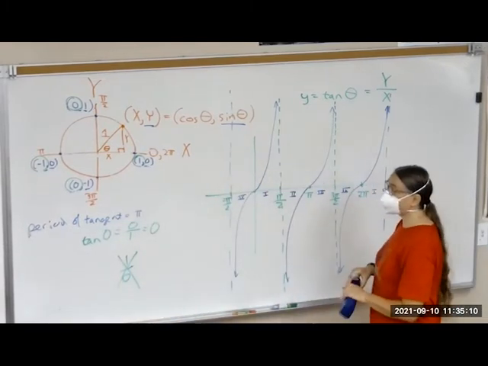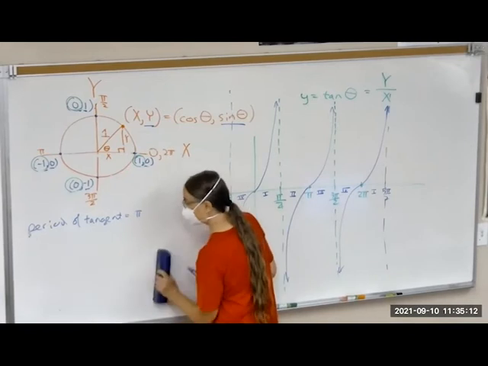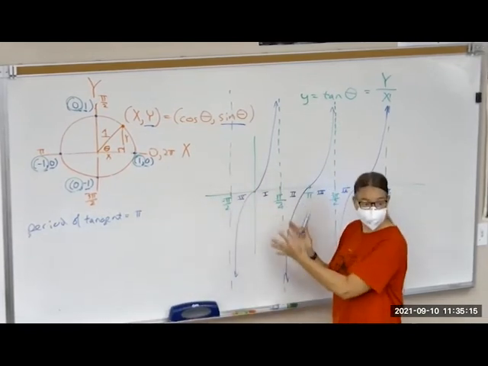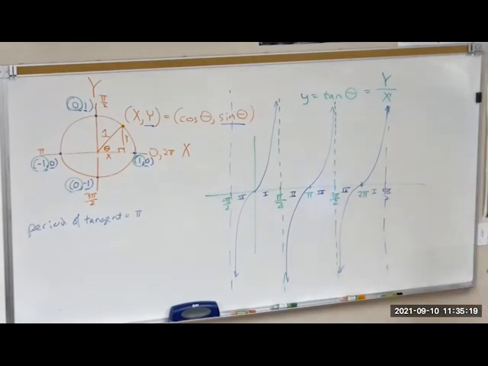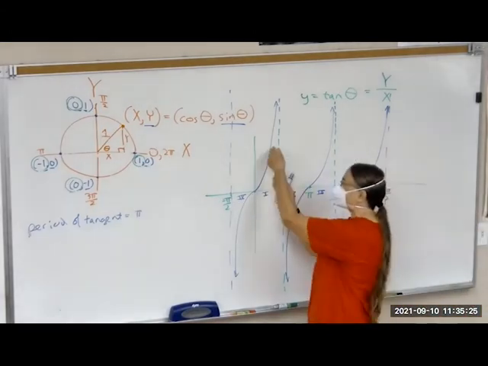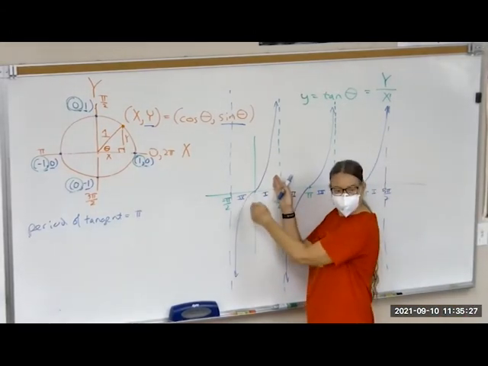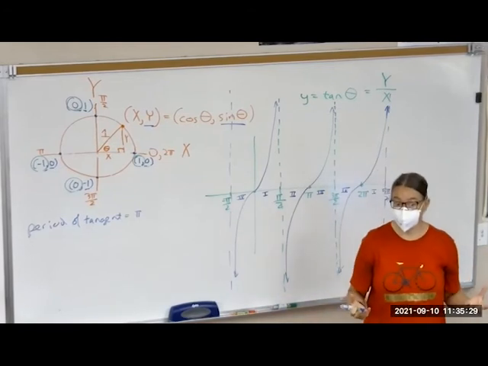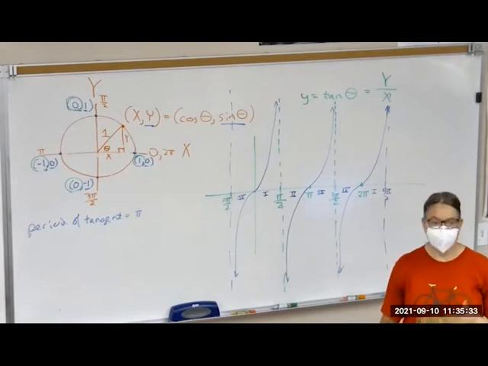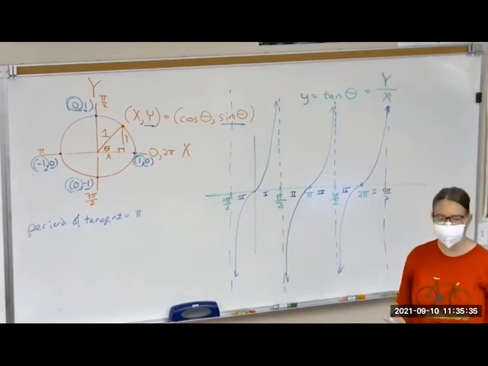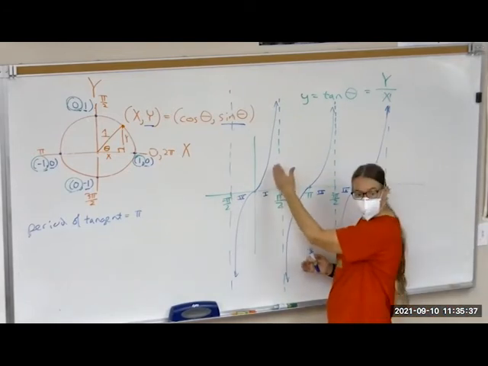So over every interval of length pi, tangent will do its thing exactly once. Now, this is a very rough sketch. If I wanted to improve upon this to sort of get how steep it's going to be in the middle, I might plot some intermediate points. So I might plot the values at pi over 4, or maybe pi over 6 or pi over 3, just to see exactly how it curves.